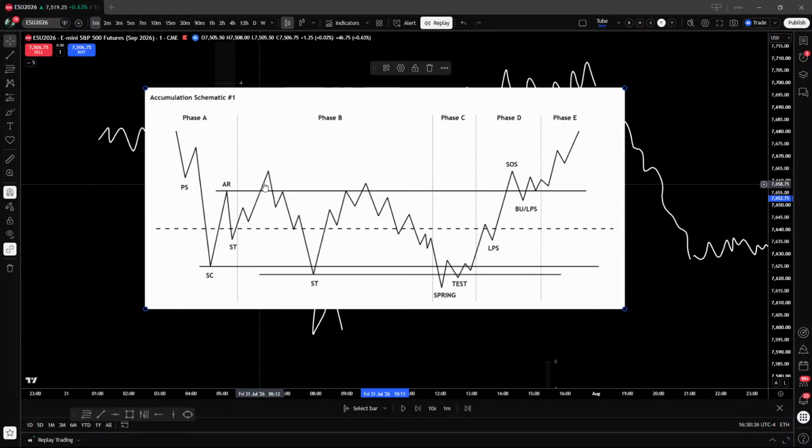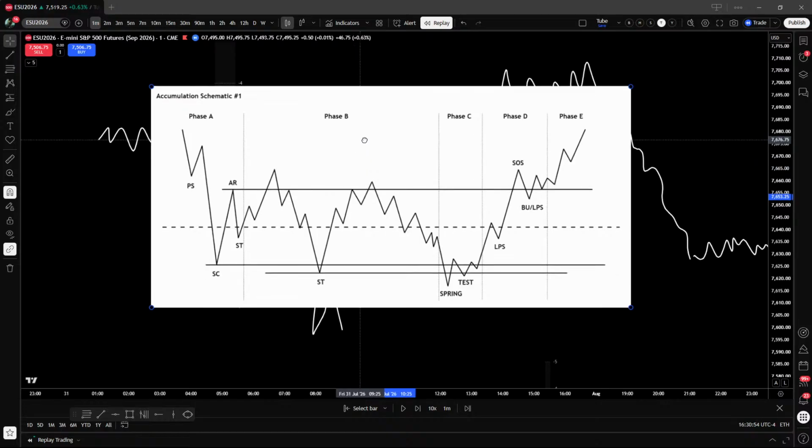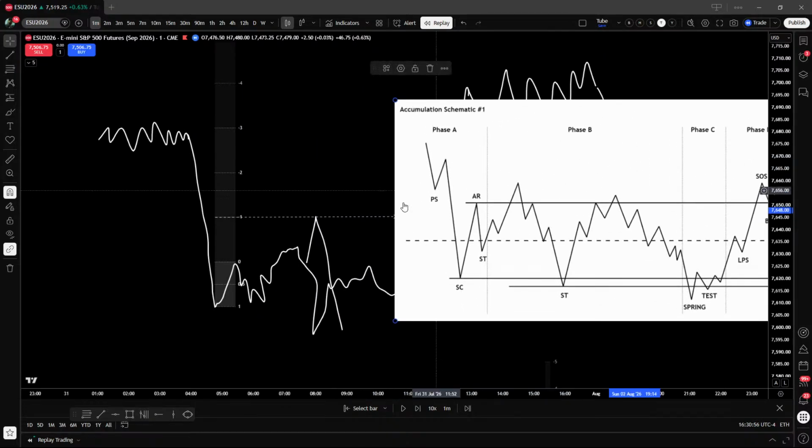The only thing is, whoever drew these schematics, it's only a schematic. So the ratios here obviously do not represent what we're looking for, like the -1 or -2.